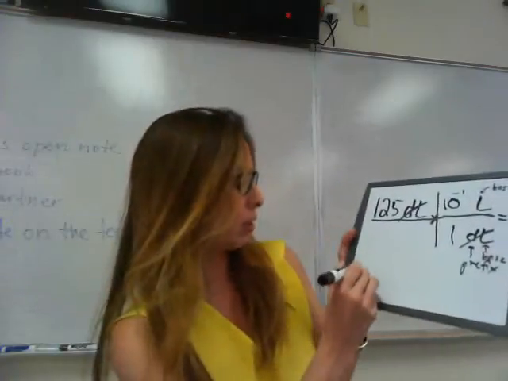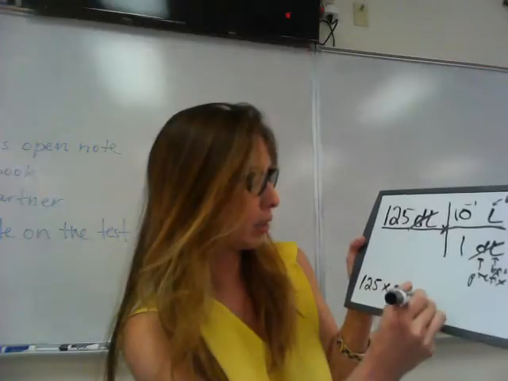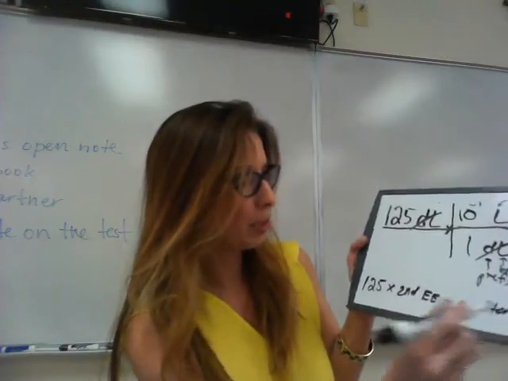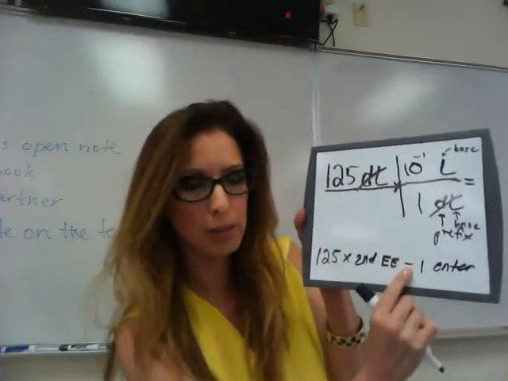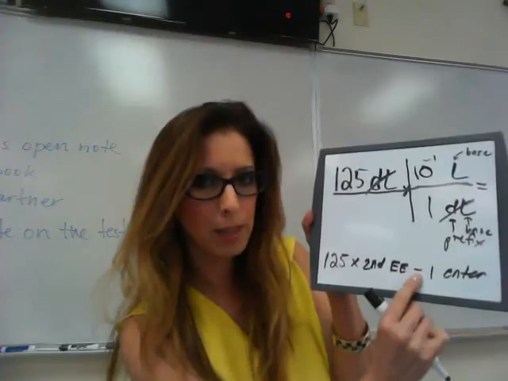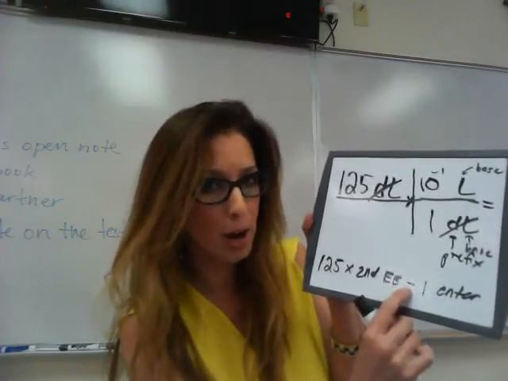In your calculator, it's going to be 125 times, and we're going to use the second E button, negative 1, enter. Make sure that you press the negative button and not the subtraction button because it will give you an error. Every year people do that, and they ask me why they got an error, and that's probably why.